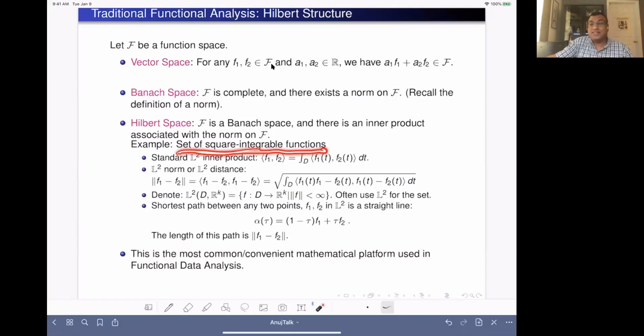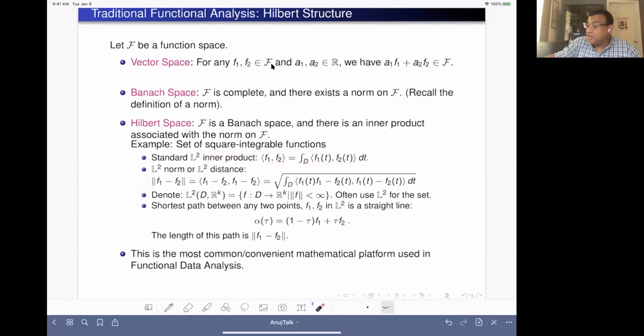It's a vector space. It's a Hilbert space because it has an inner product. This is the classical inner product between two functions. These functions can be vector valued or scalar valued, it's fine. This inner product defines a norm, the Hilbert norm. We also call it the L2 norm.